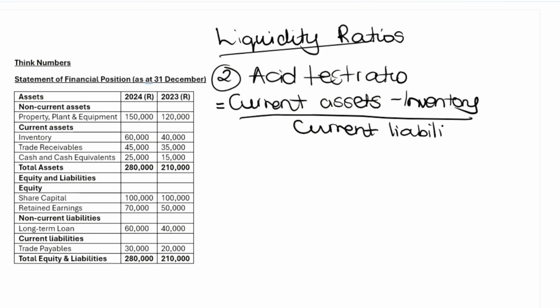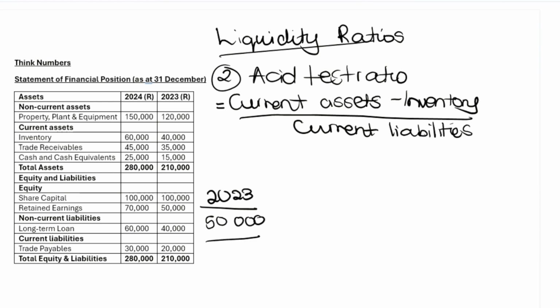All right. So once again, the first one we're going to look at is the year 2023, where our current assets, as we had previously calculated, was 90,000. So 90,000 minus that 40,000, or you can just add trade receivables and cash equivalents, which gives you a current assets value of 50,000 without inventory.